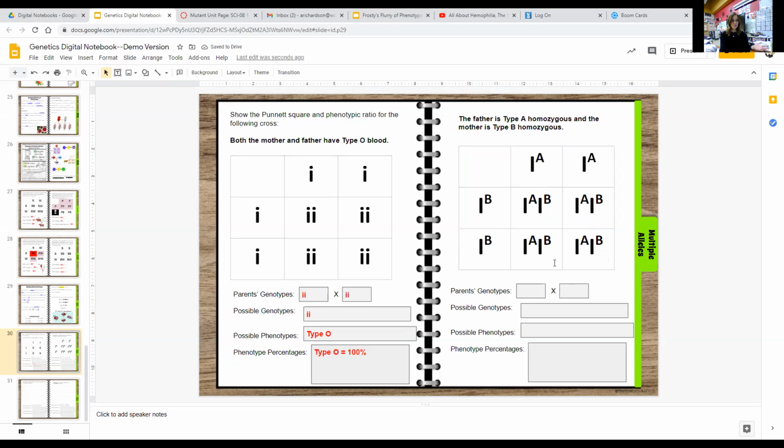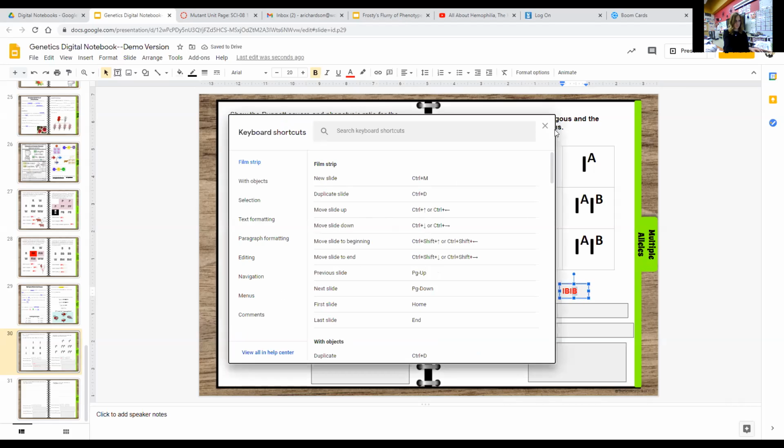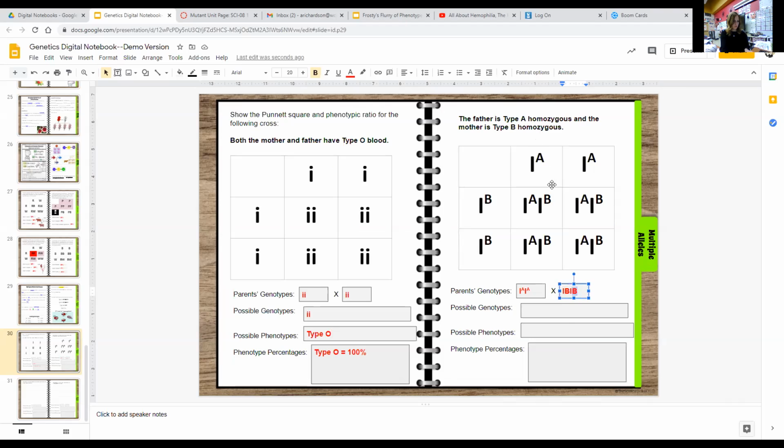So the parents' genotypes, dad was IA, mom was IB. The possible genotypes.